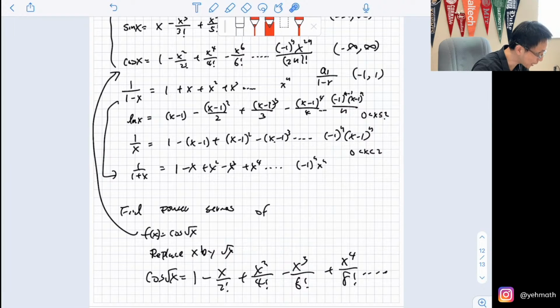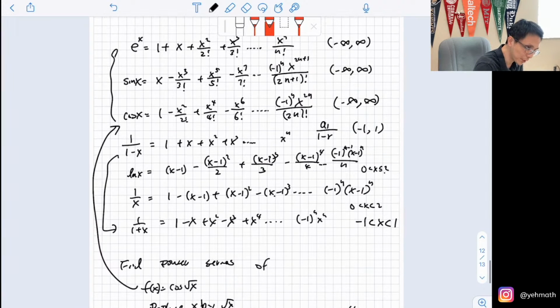No, this one is centered at 0, negative 1 less than x less than 1. But the ones that you will be using more often are those basic lists. There's arctan and arcsine, I won't worry about that. And 1 plus x to the k, I won't worry about that either.